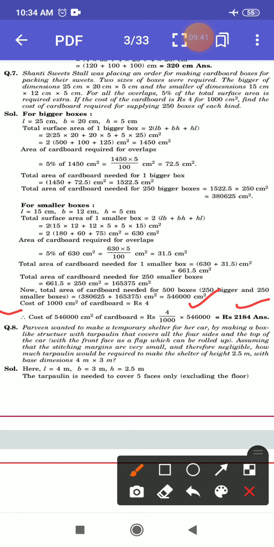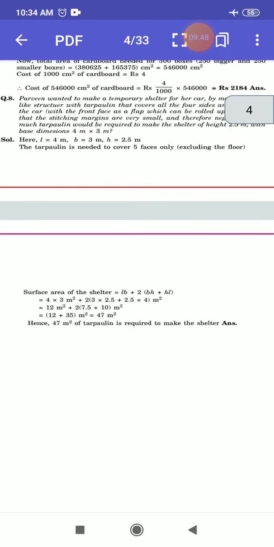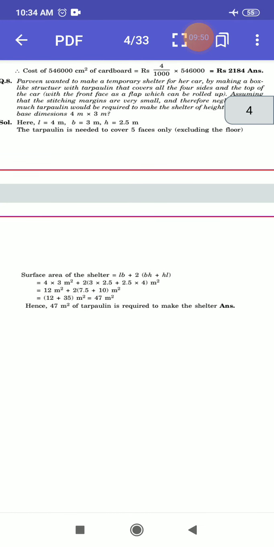And now we have to tell you the next question, that is question number 8. Question number 8 is: Praveen wanted to make a temporary shelter for her car by making a box-like structure with tarpaulins that cover all the four sides and the top of the car, with the front face as a flap which is rolled up.